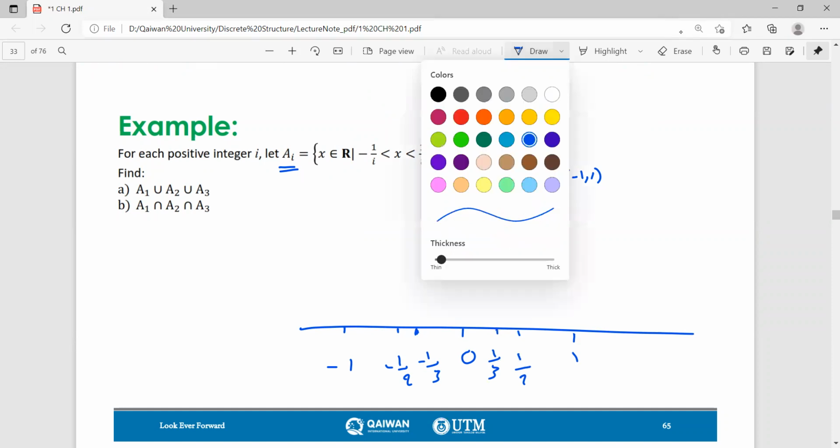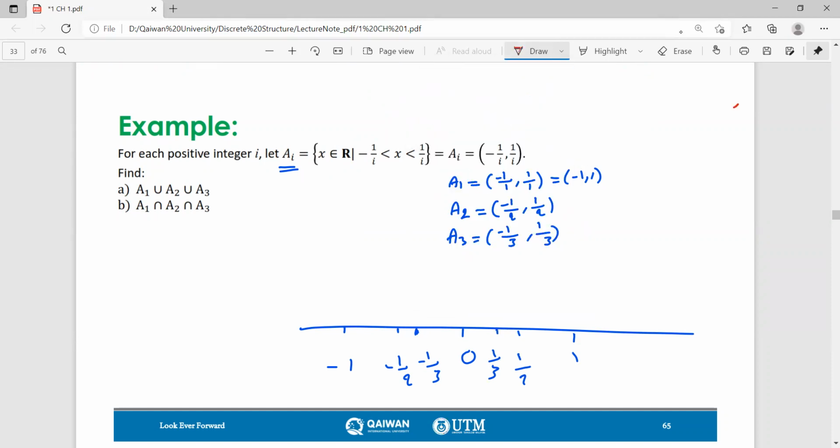Now we are going to represent each set. I'm going to use different colors for each set. For set A1, it's from -1 to 1. This is A1.